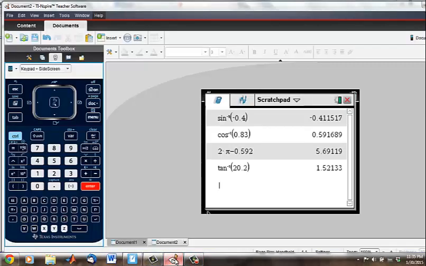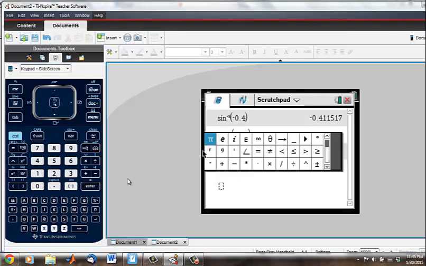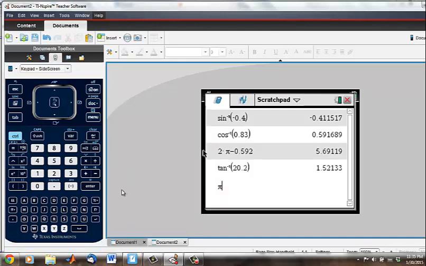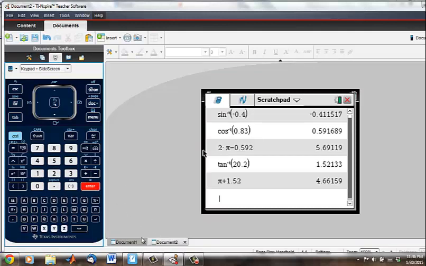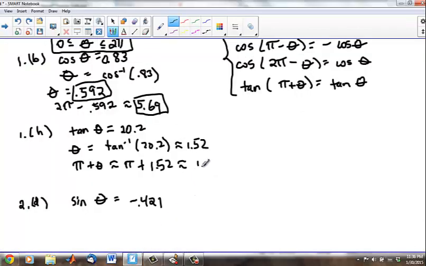Let's use the calculator: pi plus 1.52, and that is approximately 4.66. Okay, and here are our two values for theta. They're both between 0 and 6.28.